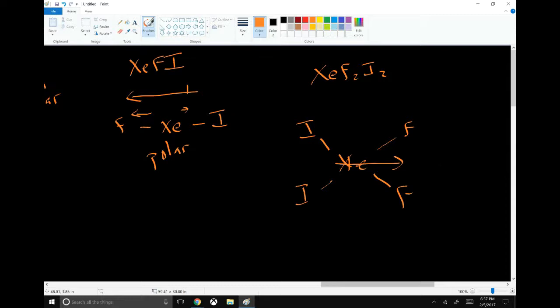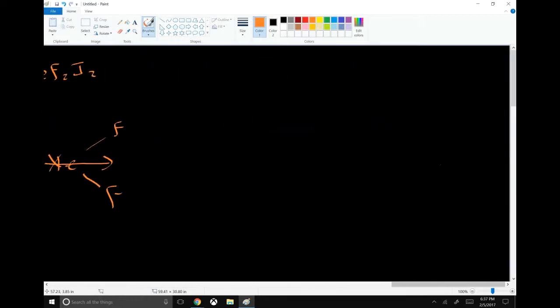I could imagine, for example, something like, I'm just winging it now, so I don't know if this could ever exist. I don't know if it even has the right number of electrons to do this. But I could imagine something like this being nonpolar. So always, always, always draw it out. If you see different things around the central atom, it should be polar, not necessarily.